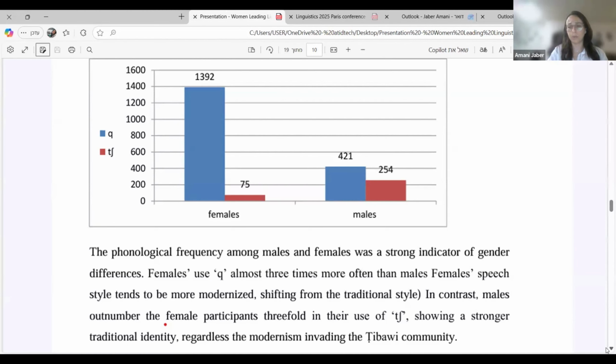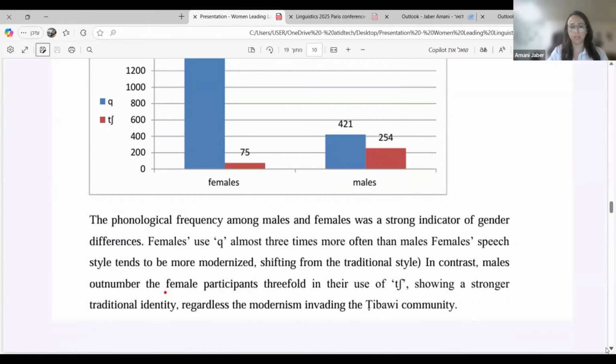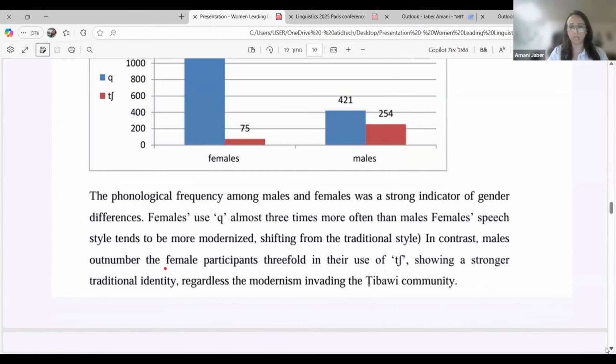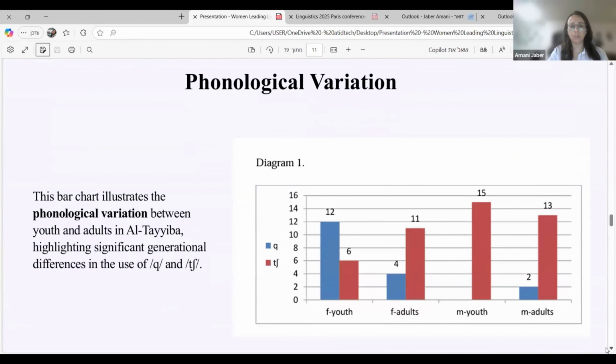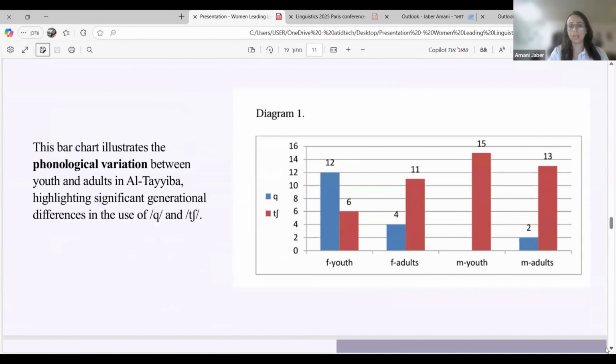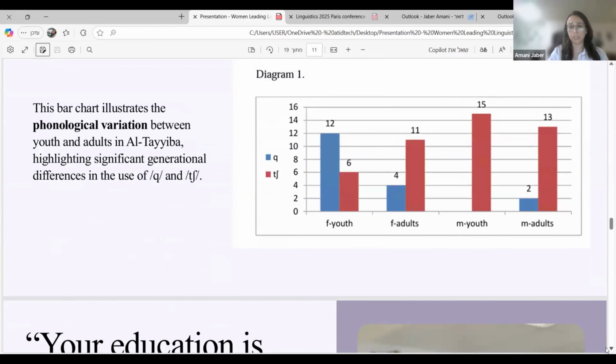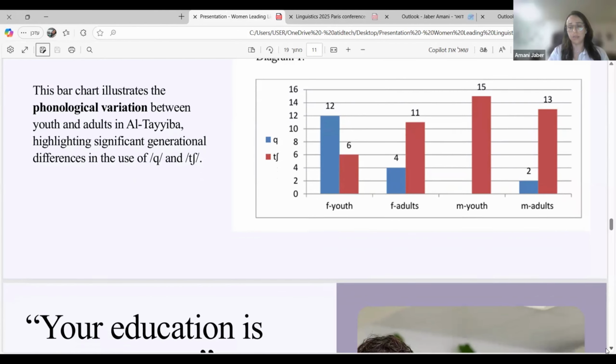Females outnumber the males in the usage of this modernized variable. Again, we see the same trend in the red color, where males stick more to the traditional village colloquial speech.